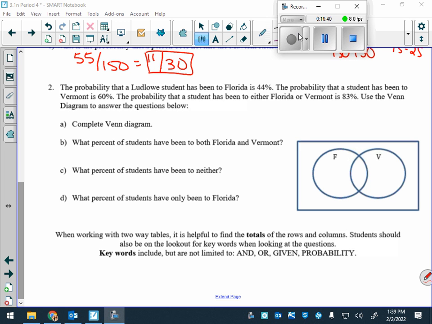What percent have been to both Florida and Vermont? 21%. How many of you did get that? Good. So 21% is in the middle. And you get that by 83 equals 44 plus 60, and you have to find that middle. Okay? You get 21. So what percent has only been to Florida?